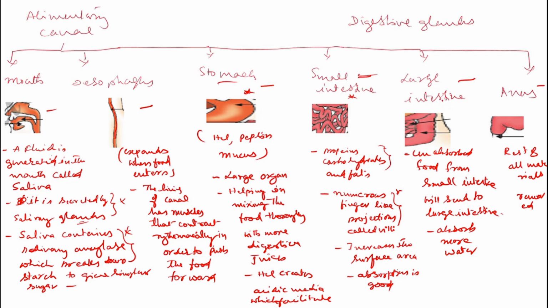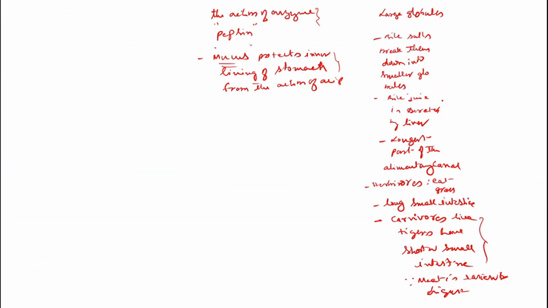Small intestine, it receives, this one I forgot to write, it receives the secretions of the liver and pancreas. So these two will give juices to the small intestine.